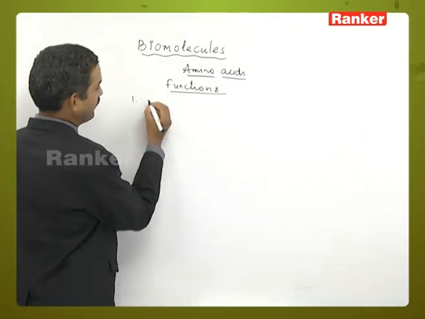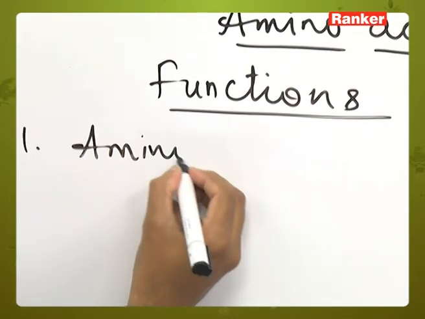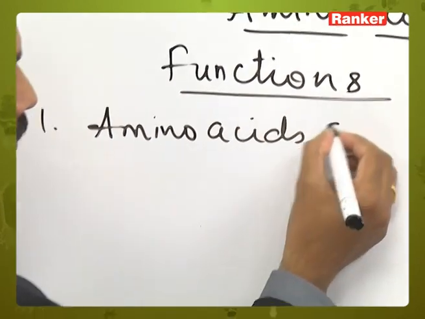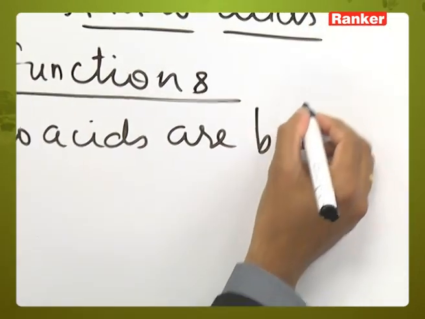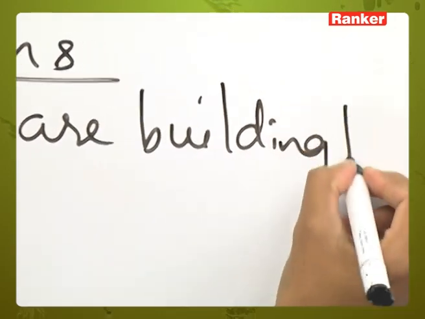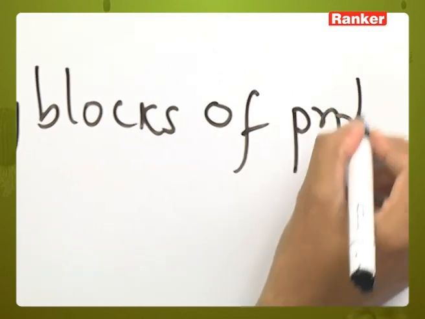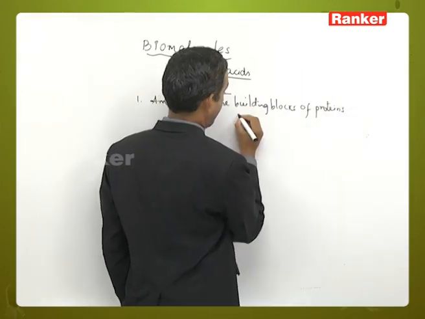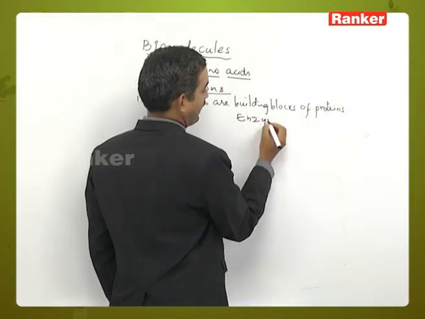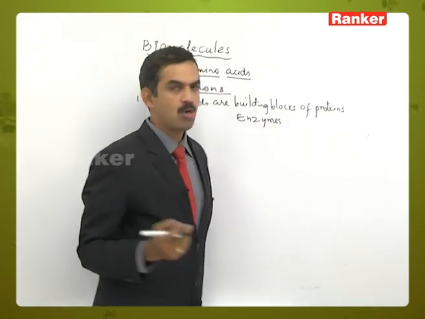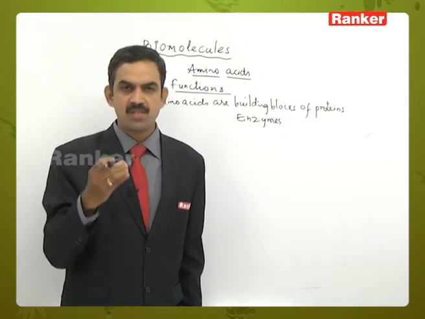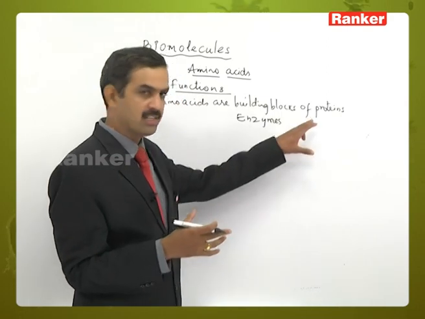Already we said that amino acids are the building blocks of proteins and also enzymes. Actually, the major organic compound of which a living body is made up is proteins.